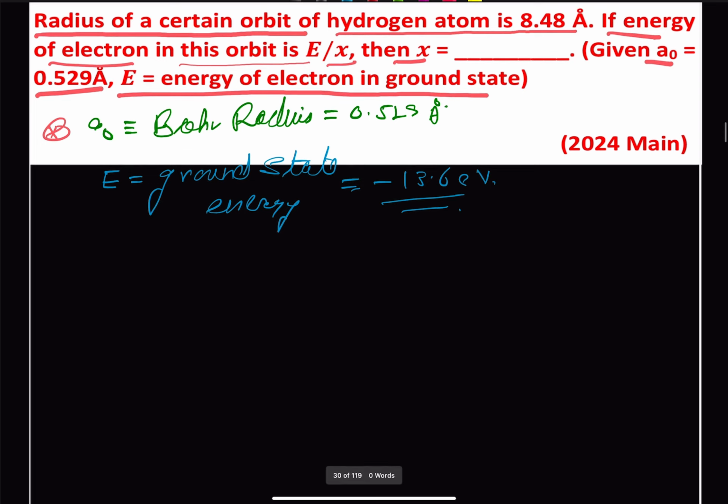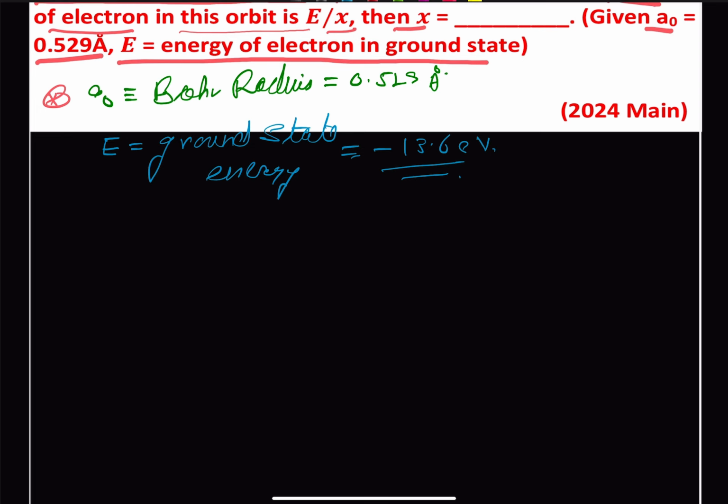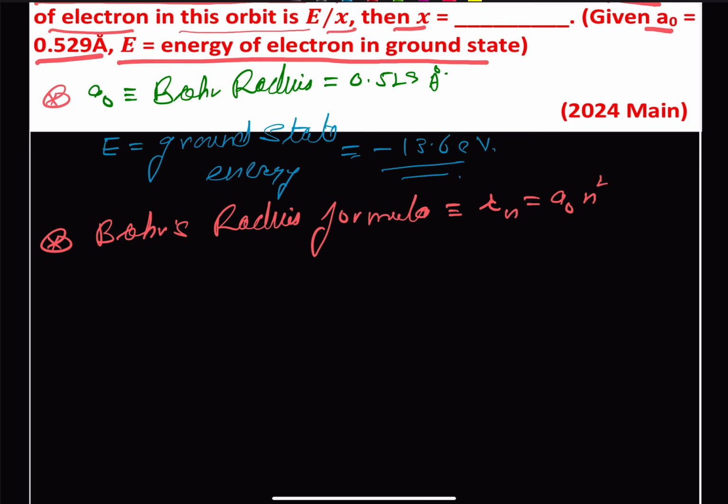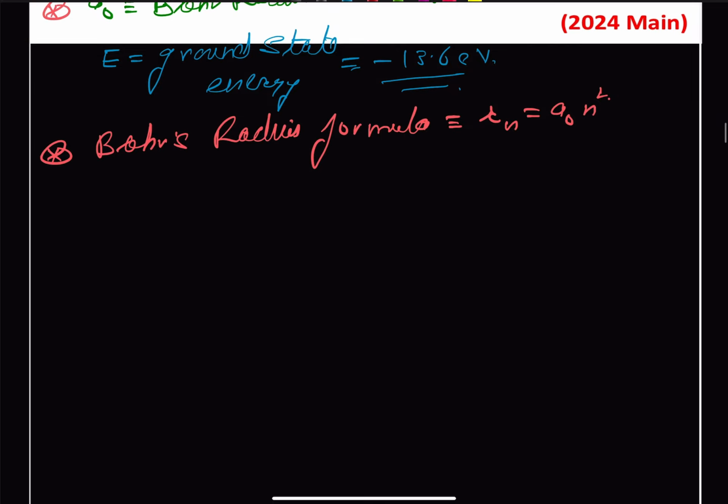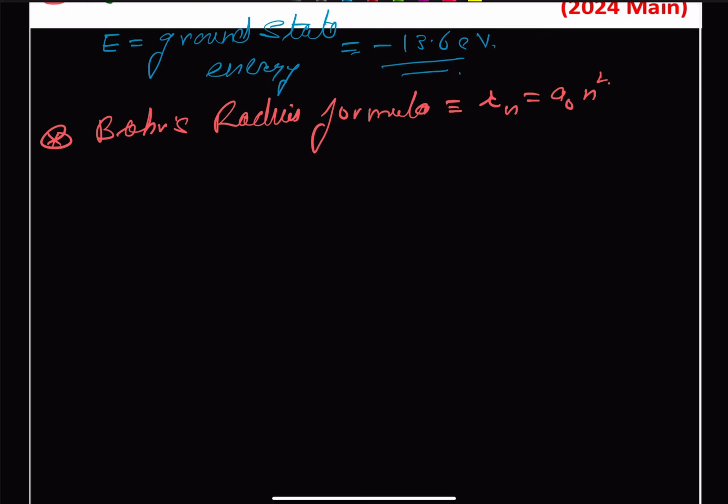So we are going to start with our Bohr radius formula. We know that for the nth orbit, R of n is equal to A naught n square, and from here we can write that n square is equal to R upon A naught.